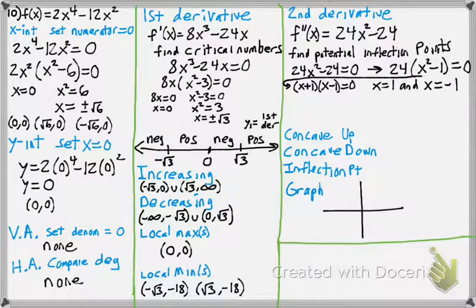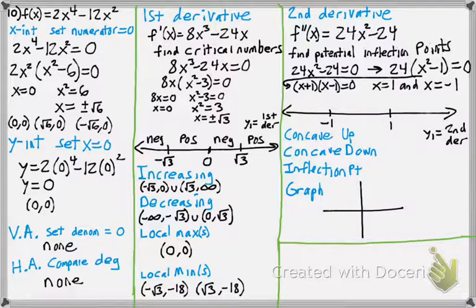So these are my potential inflection points, and I want to put these on the number line. So I have negative 1 and 1, and if you're using the table feature, then in y1 you'd want to put the second derivative, and if you wanted to just plug these in directly into the second derivative, you could.